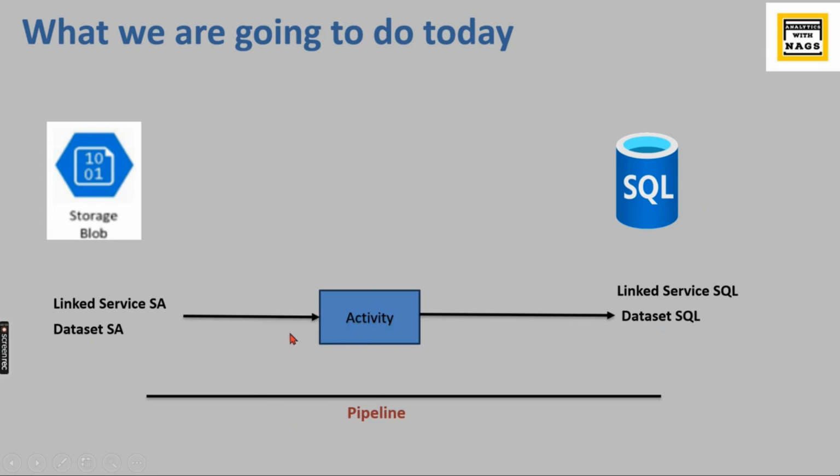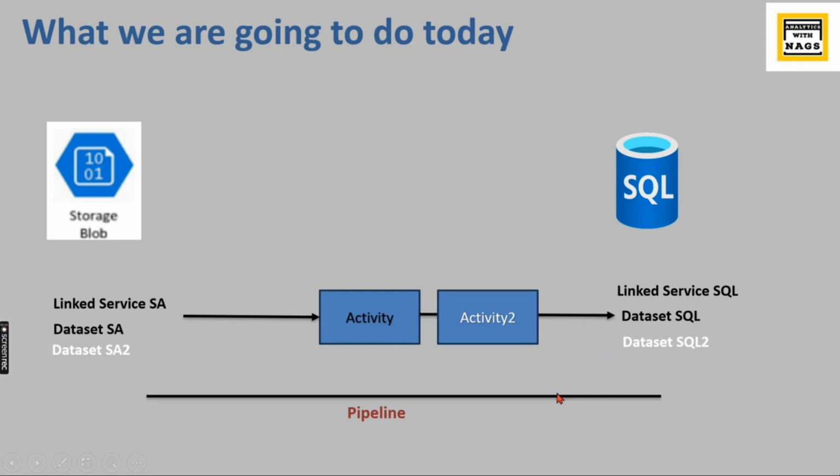The activity is for a single table. If I need to load another table, I need another activity too, because the activity uses the parameters, right? I need the source dataset and the target dataset. For activity 2, which is another table copy, I need another dataset. So this is what we want to do right now.